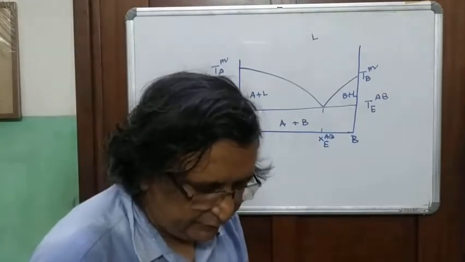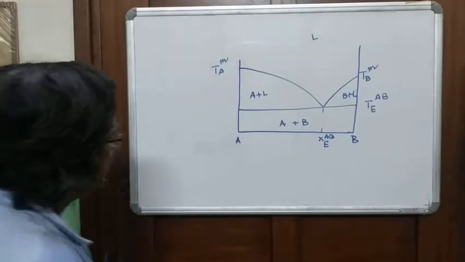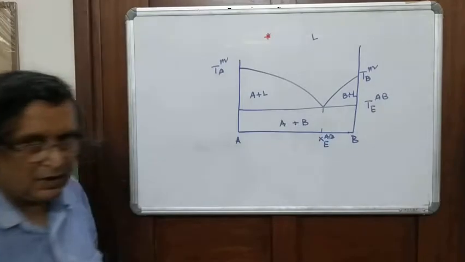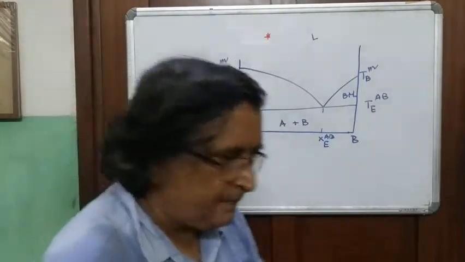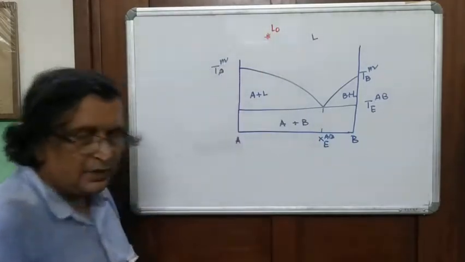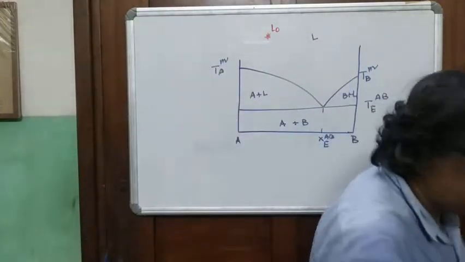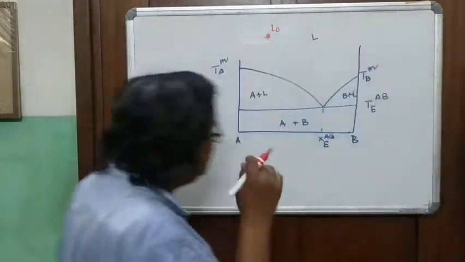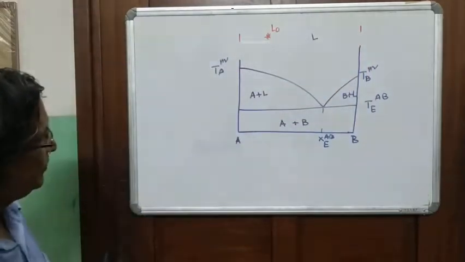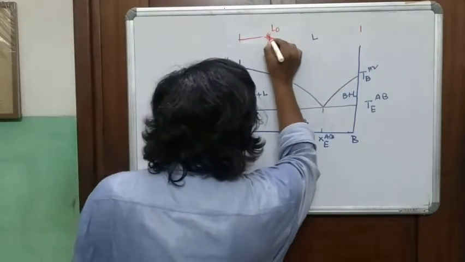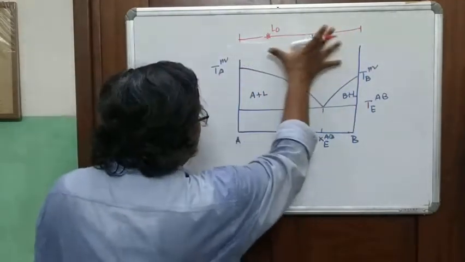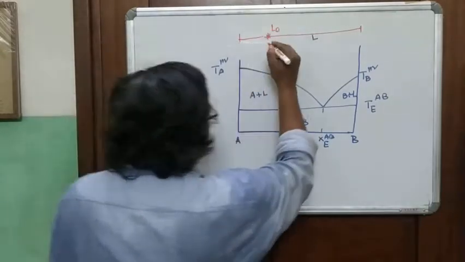Now, we look at a few things. Let's take a melt composition here. Let this be a melt composition. We call it L0. Now, when I say melt composition, what does it mean? It means that if I take this line and this line, and join them here, you have this part and this part.